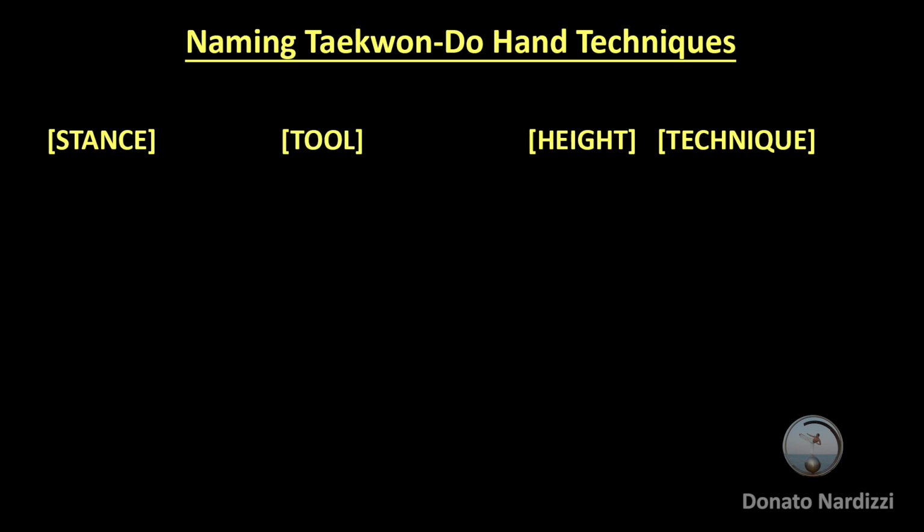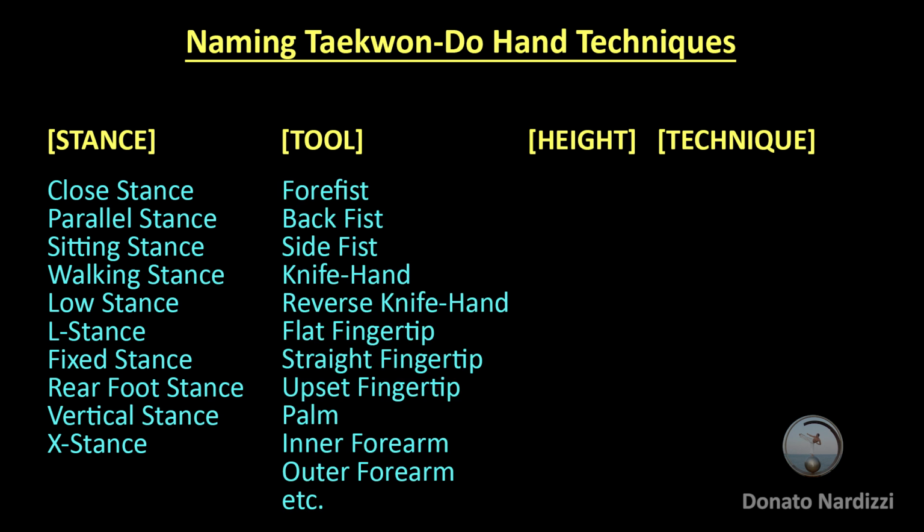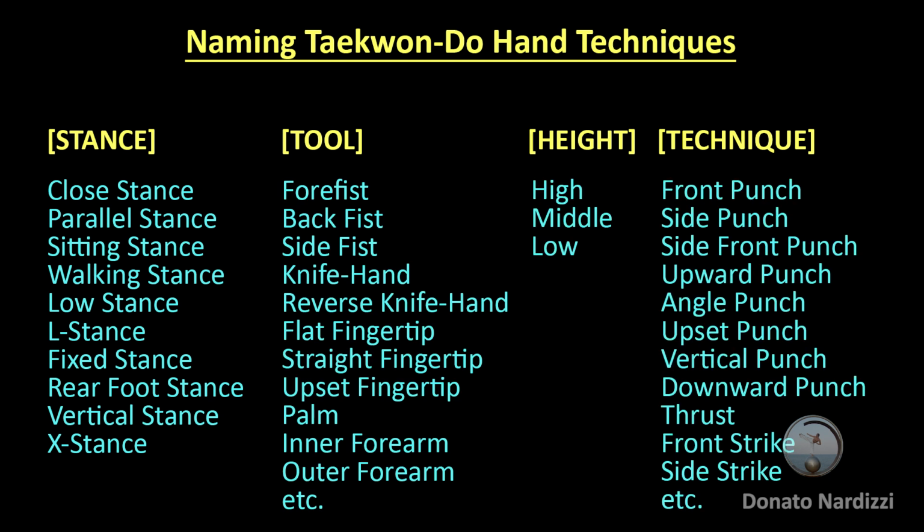So with the four variables stance, tool, height and technique, we can have many permutations. Just with the list I provided you in part 1, there are 10 different stances, obviously 3 different heights. I gave you about 20 different tools and about 35 different techniques. This makes 21,000 different possibilities, but not all permutations are possible.